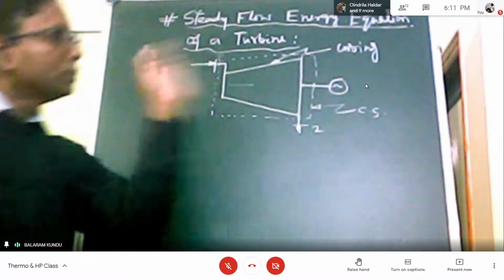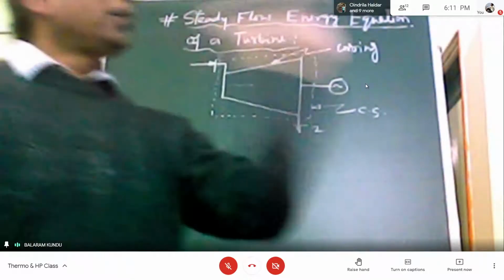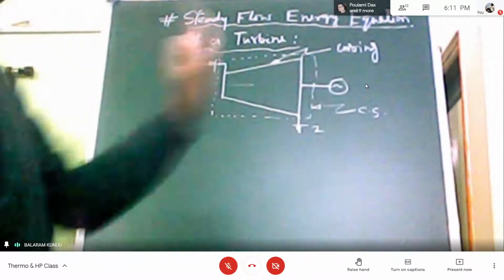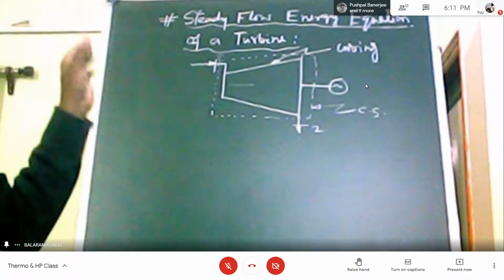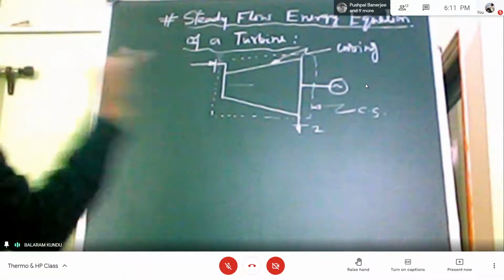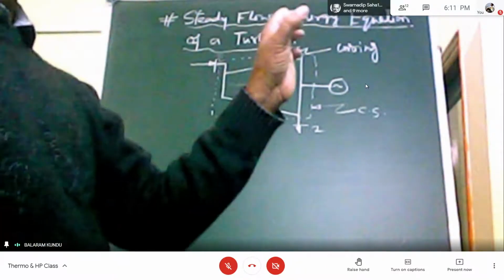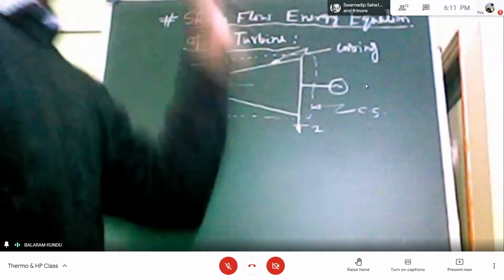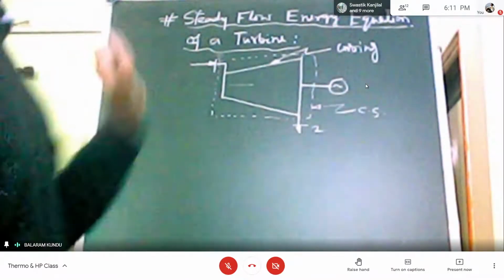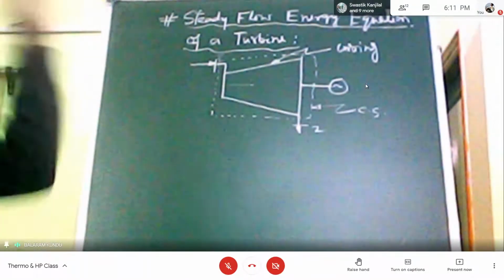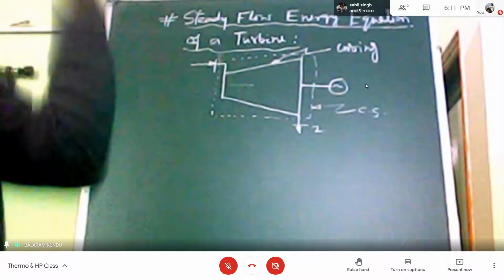When steam flows through the nozzle, the velocity of the steam increases, and that high velocity steam enters the moving blade passage. When the steam is flowing through the moving blade passage, the change in momentum takes place. As a result, torque will develop on the blades, and blades are attached to the rotor, and the rotor is mounted on the shaft.